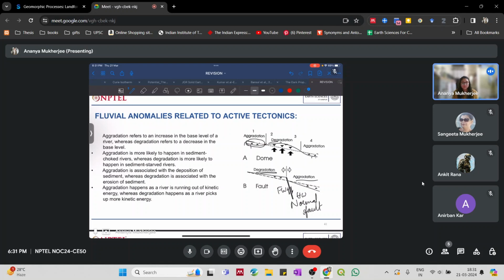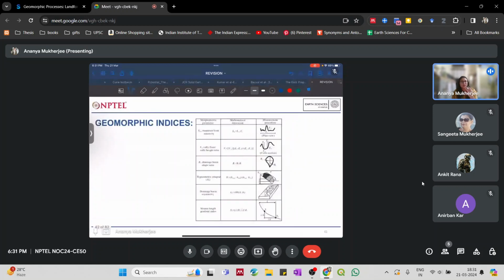Then we had seen different kinds of geomorphic indices which can tell us whether the area is less tectonically active, or tectonically active, or predominantly changed by tectonics.